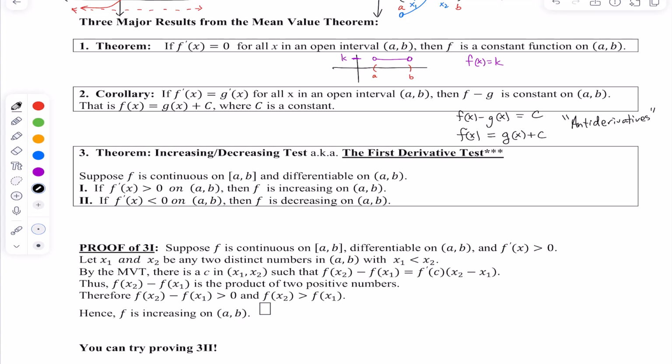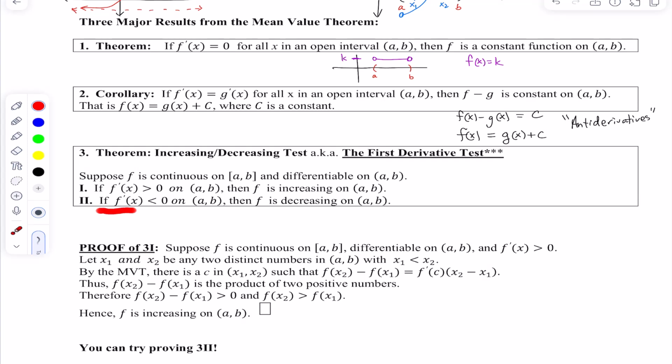Now, another major result goes back to that idea of increasing or decreasing. So here is the third result. It's also known as the first derivative test. Suppose a function is continuous on a closed interval AB and differentiable on an open interval AB. If the derivative evaluated for all those x's is greater than 0 on that open interval, then f is increasing on that open interval.